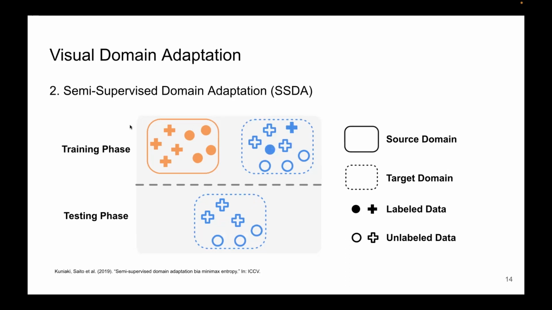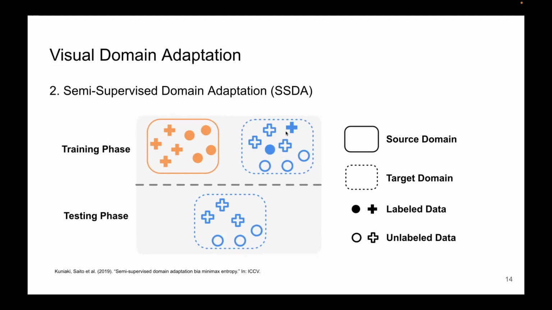Okay, then based on the understanding of UDA, there are many different variants of the domain adaptation problem. The second one is semi-supervised domain adaptation. Previously we had the unsupervised term, which refers to labels not being available in the target domain. But now in a semi-supervised setting, we assume we have a few labeled samples.